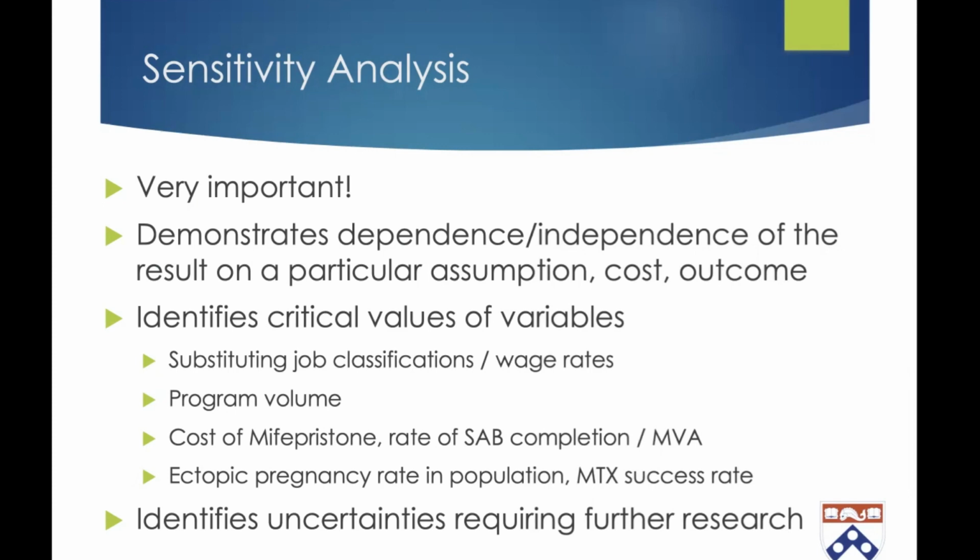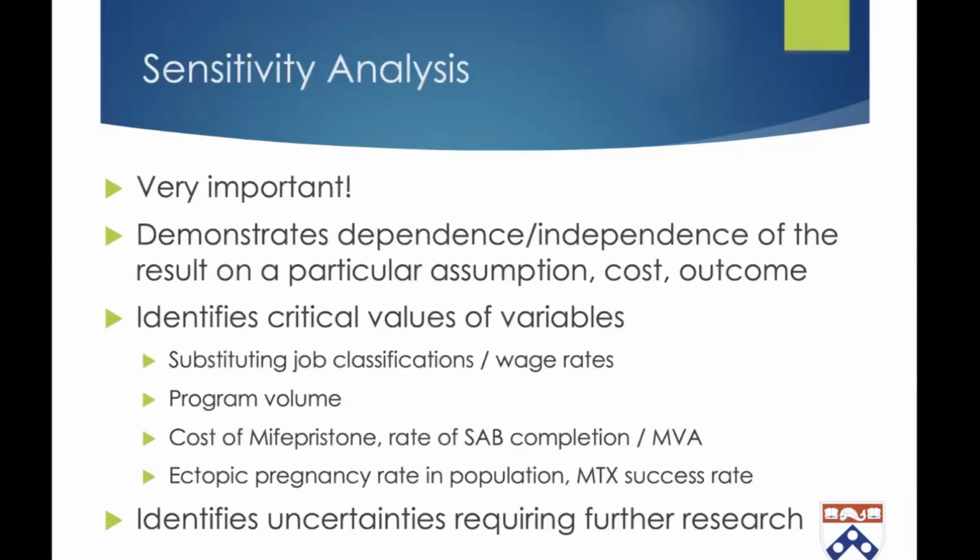The results could be different if you're in a population with a very low ectopic pregnancy rate for pregnancy of unknown location treatment. So you just want to identify uncertainties requiring further research or uncertainties that might impact a decision maker to adopt some of your interventions.